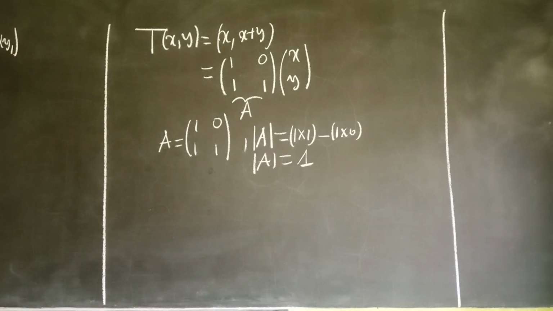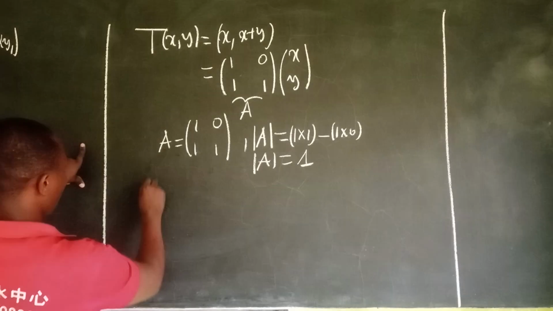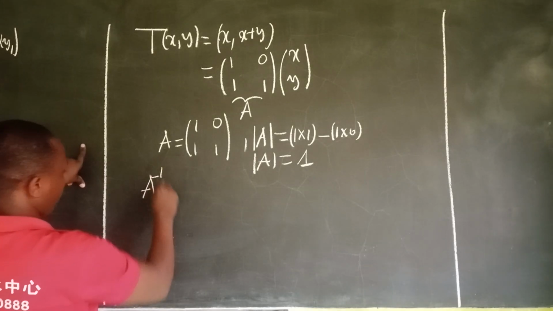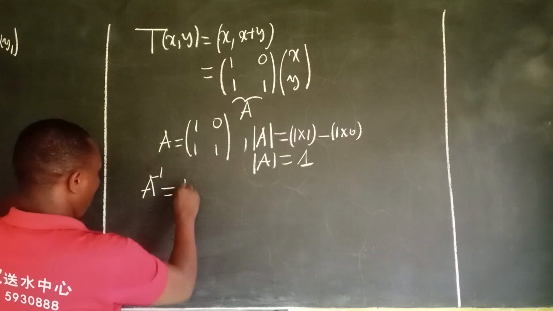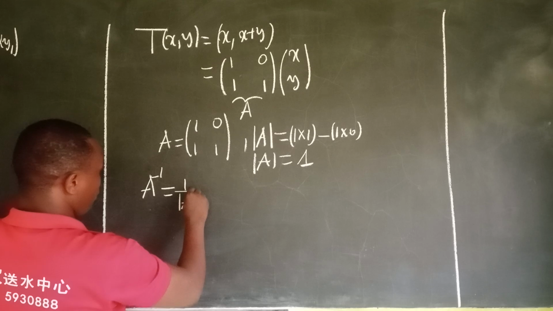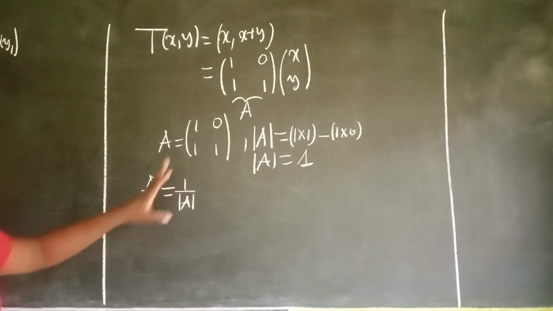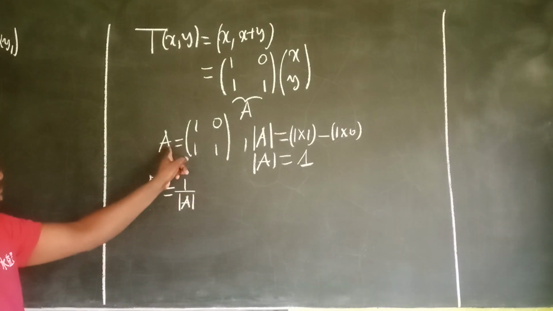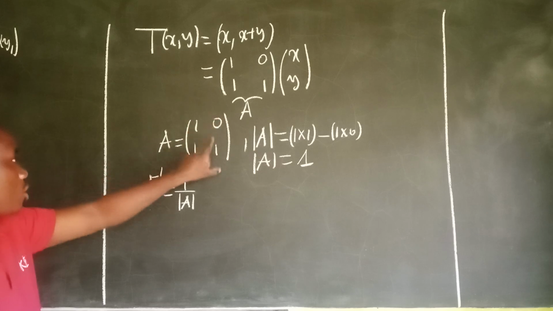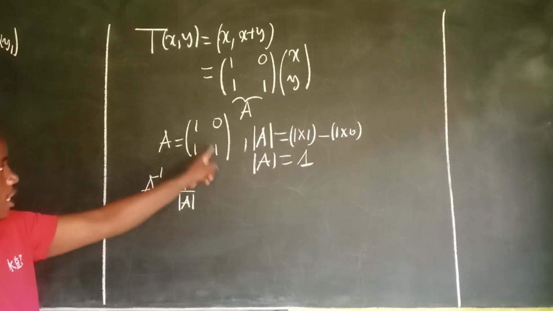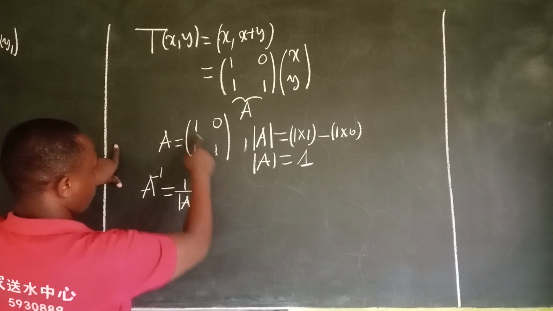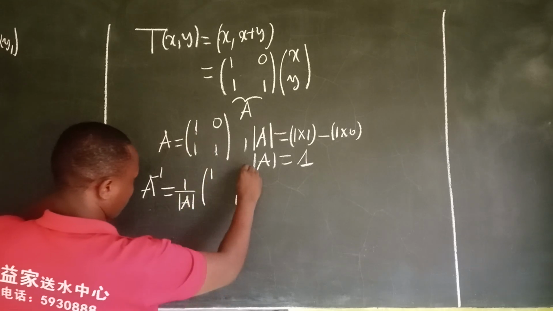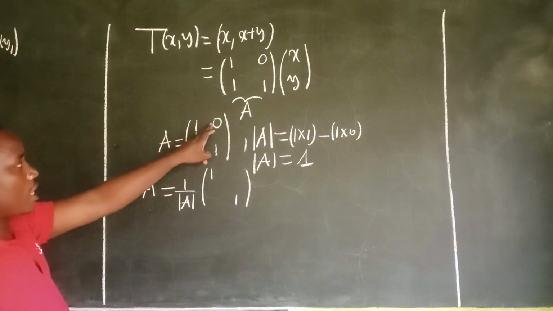What we are going to do now is to find the inverse of A. We write 1 over the determinant of A. Remember how to find the adjoint of this matrix. We switch these diagonal elements, 1 and 1, and multiply the other two by minus.